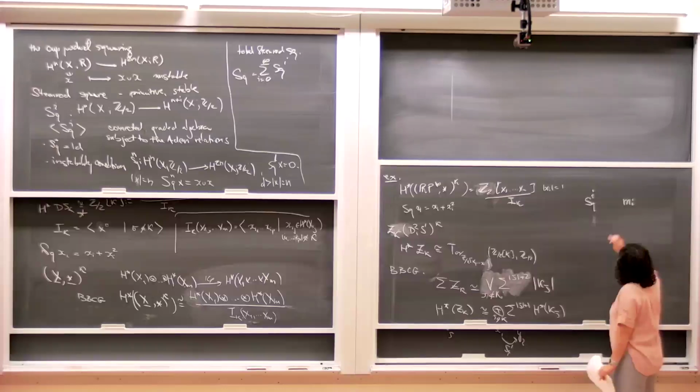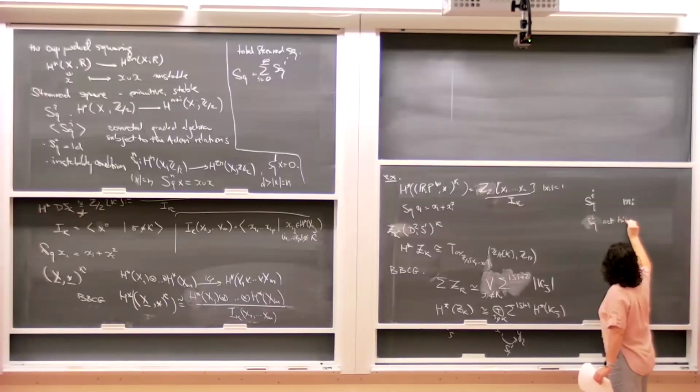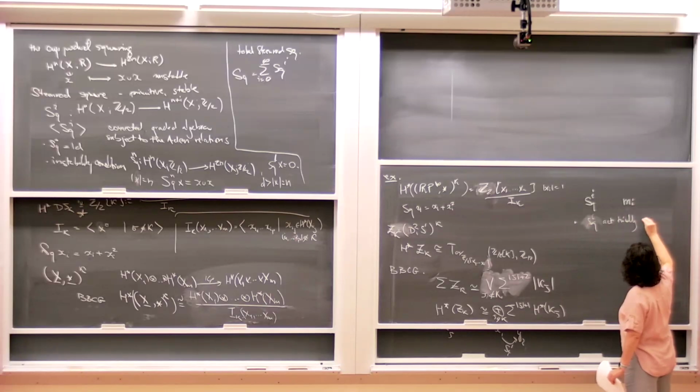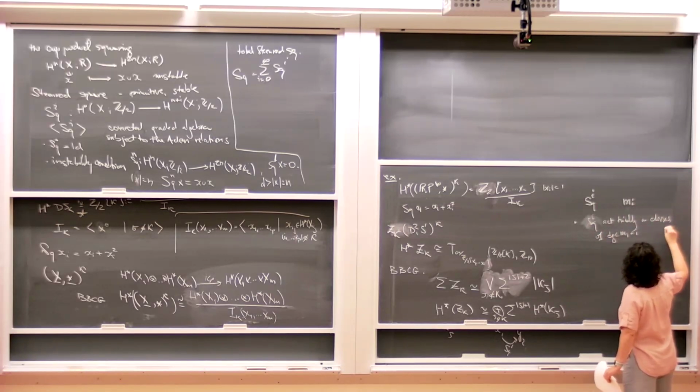Then obviously you can show that Sq^i would act trivially, as a corollary, on classes of degree up to some bound in ZK.